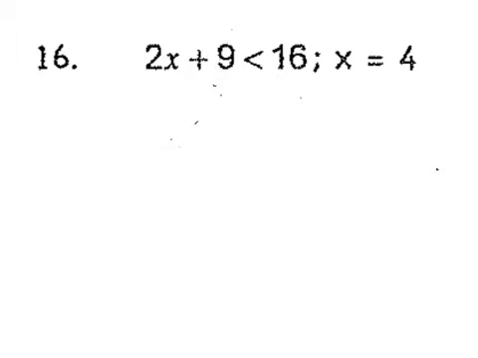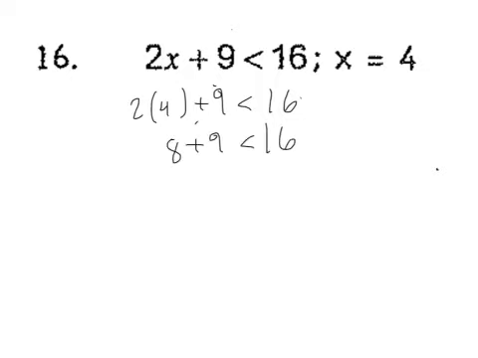You only have to put 4 in for x. So we have 2 times 4 plus 9, and we want that value to be less than 16. 2 times 4 is 8, plus 9 less than 16. 8 and 9 is 17. So you're figuring out yes or no whether 17 is less than 16. And it's not. So your answer is no for 16.